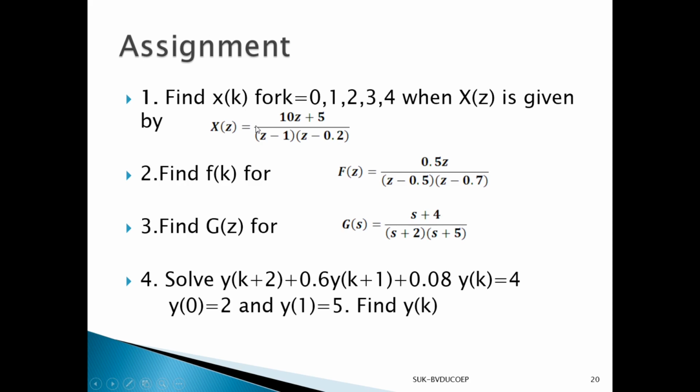So I have given you an assignment, just simple small assignments like this. You try this and complete. Now this is given as G(s) equal to (s plus 4) over (s plus 2)(s plus 5). So how will you solve this to get G(z) from G(s)?